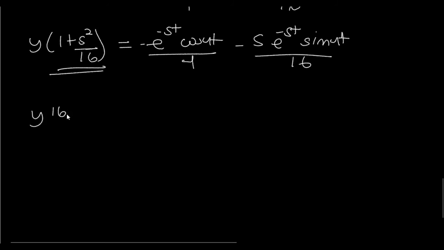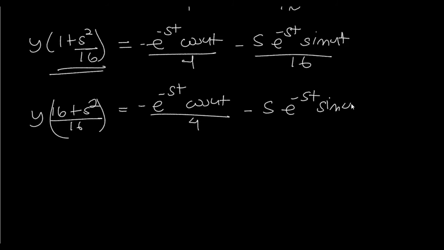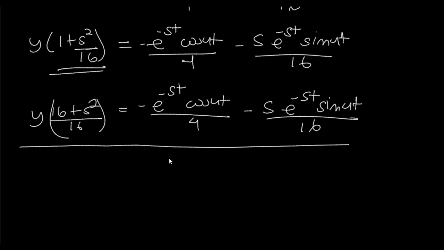Magiging 16 plus s squared over 16. Simple algebra lang naman yan. So, equals dito sa negative cosine 4t over 4, okay, minus s e to the negative st sine 4t over 16. Okay, so i-divide natin both sides by s squared plus 16 over 16.